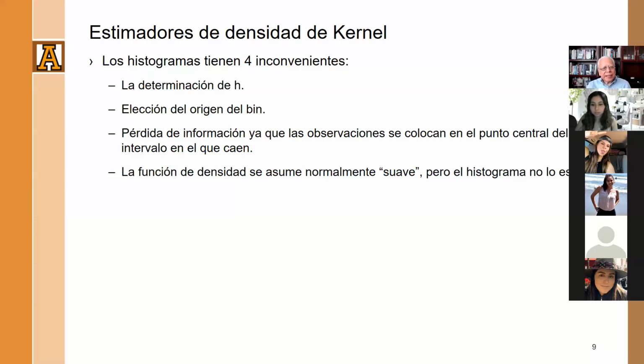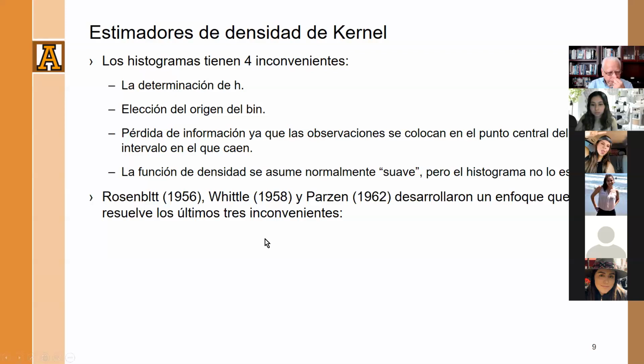What kernel density estimates of PDFs do is try to overcome some of them. There will still be dependence on a smoothing parameter. The first non-parametric estimates for densities were developed by Rosenblatt and Whittle and Parzen in different years.